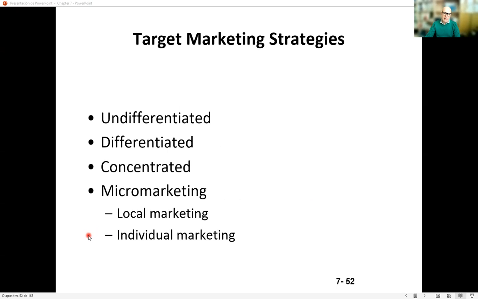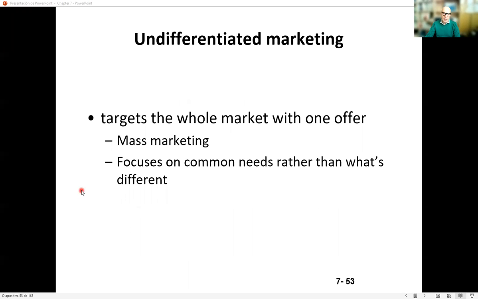So typically there are 4 different target marketing strategies: undifferentiated, differentiated, concentrated, and micro marketing. The strategy of undifferentiated marketing consists of targeting the whole market with a single offer.